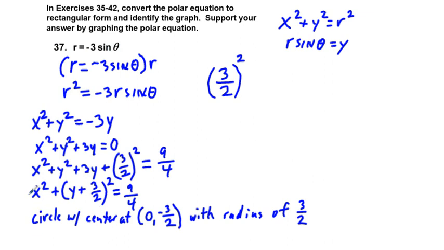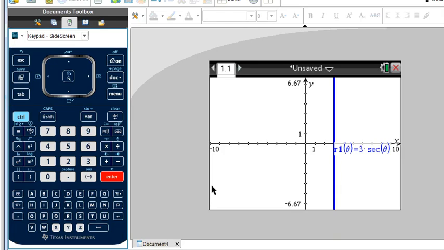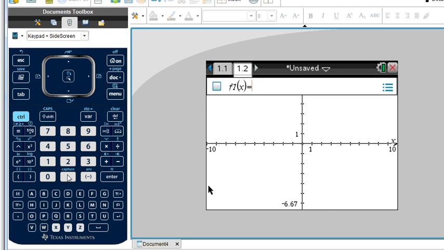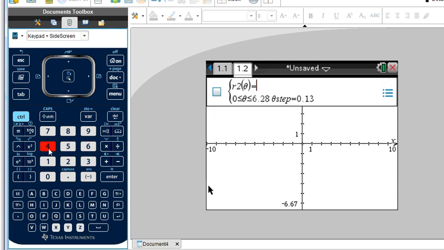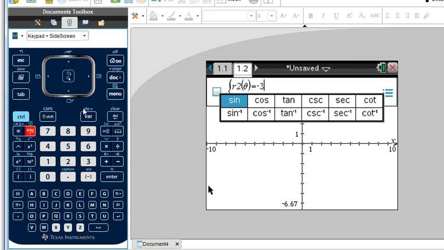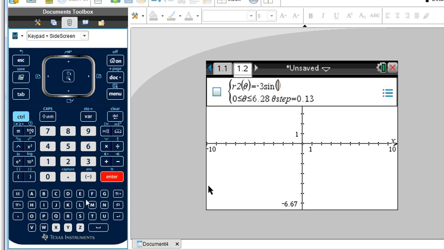And to do that, we go to our calculator, Control I, add graph. So we go over and put r equals, well, to get to r, we go to menu, graph entry edit, 4, which is polar, r equals -3 sine theta.